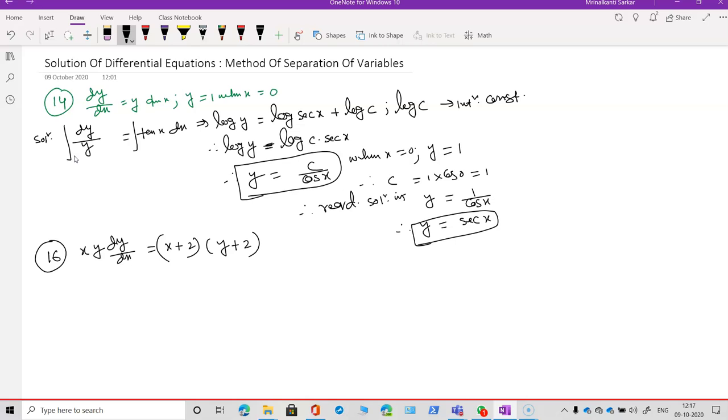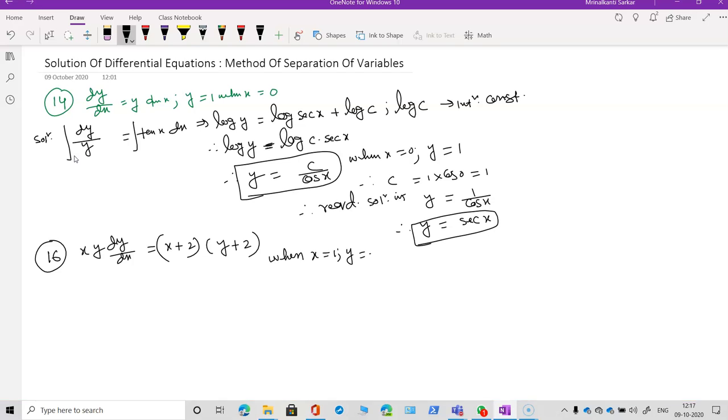Passing through 1 comma minus 1 means, we restate the sum, when x equal to 1, y equal to minus 1.